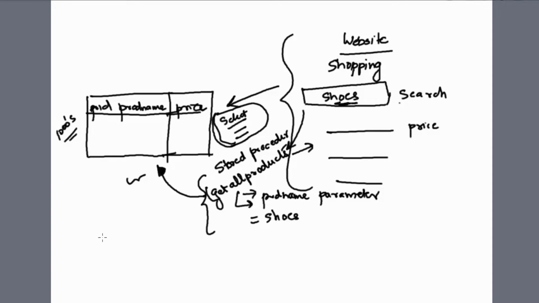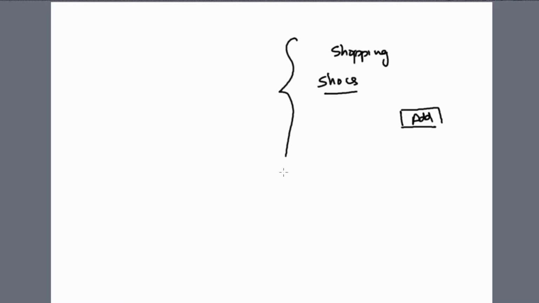So what will be a situation where you will need to use that? Let's assume that we talk about the same shopping website, where you search for shoes, then you like a product, and then you say add to cart. Let's assume that all this activity is tracked.